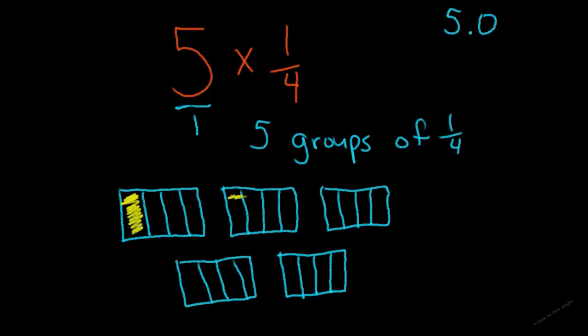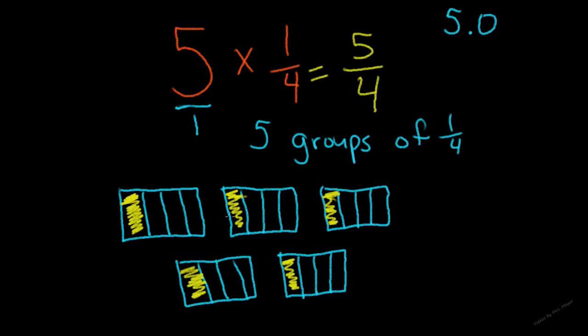Shaded 1/4 of that one, a shaded 1/4, shaded 1/4, shade 1/4, and shade 1/4. So my 5 groups of 1/4, 5 times 1/4. If I add all of these up, I can see that I've just shaded how many fourths? 1/4, 2/4, 3/4, 4/4, 5/4. So 5 groups of 1/4 equals 5/4.